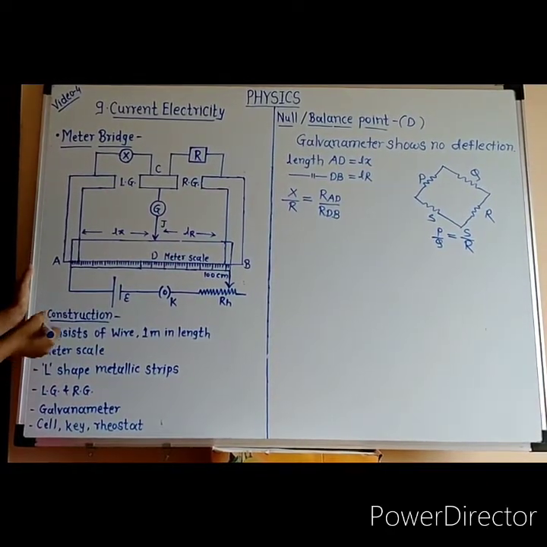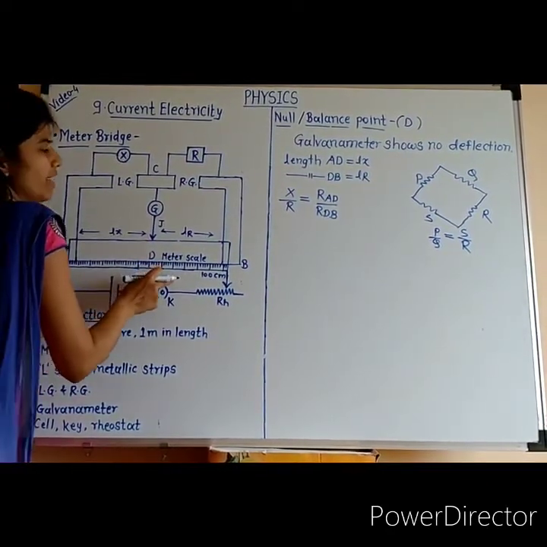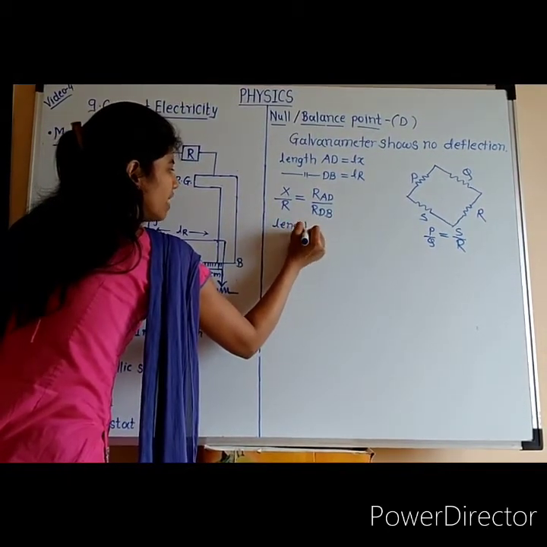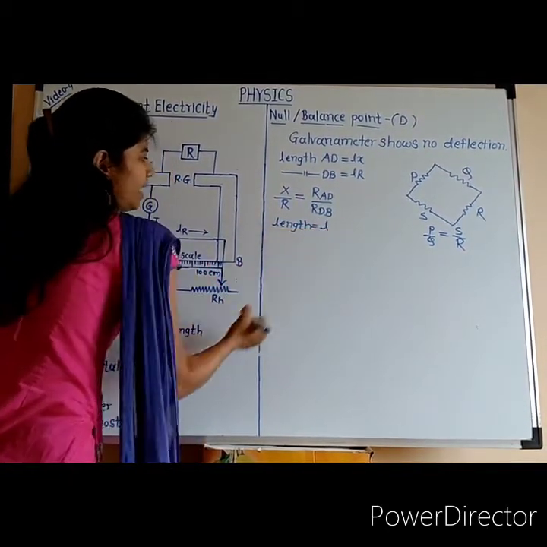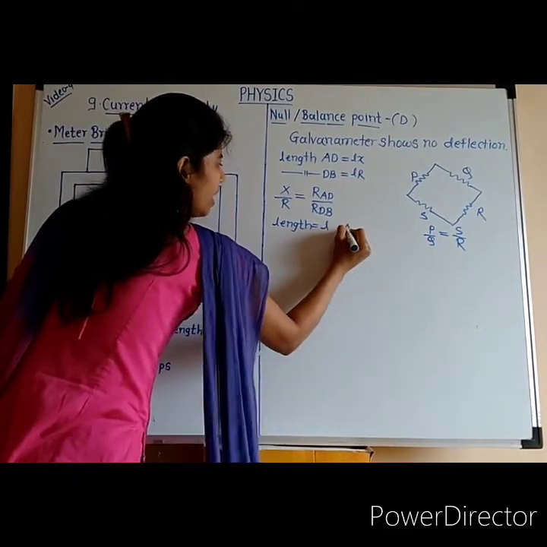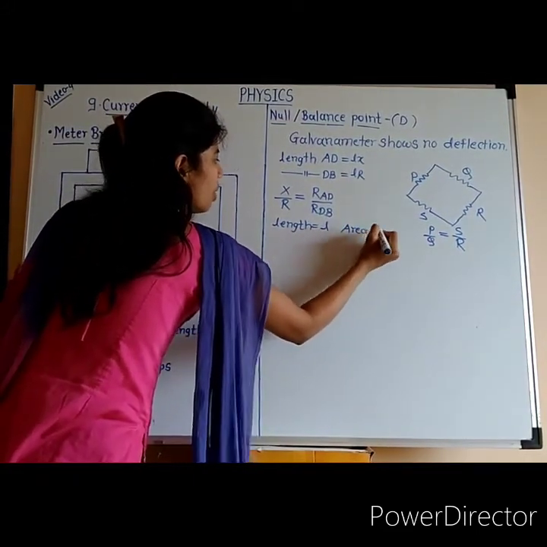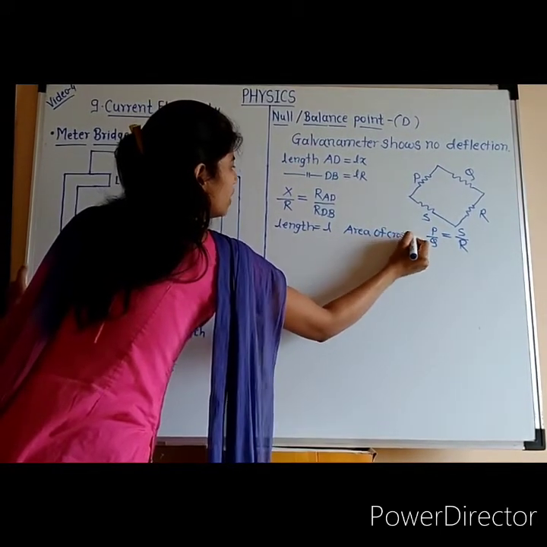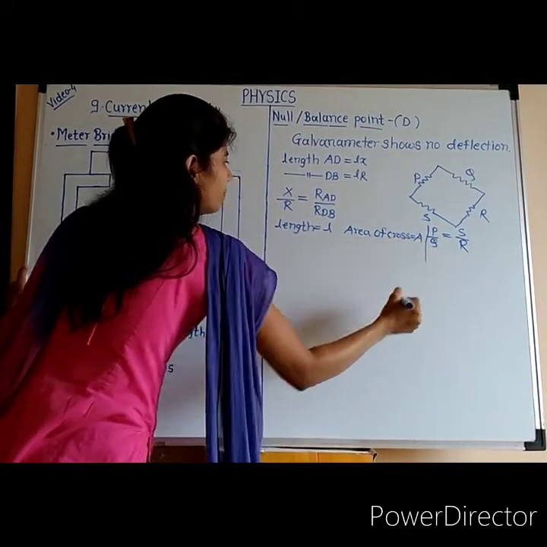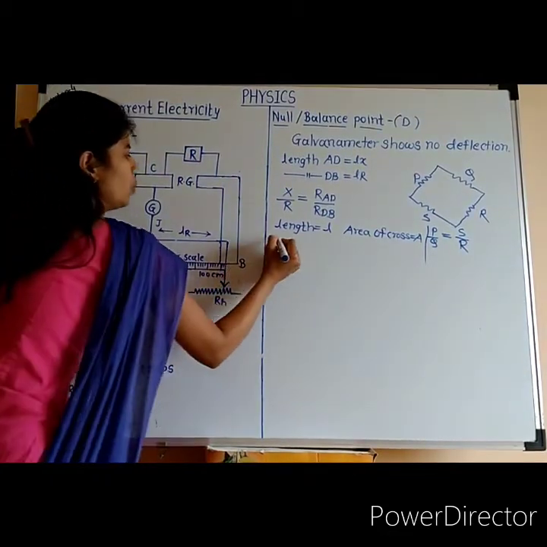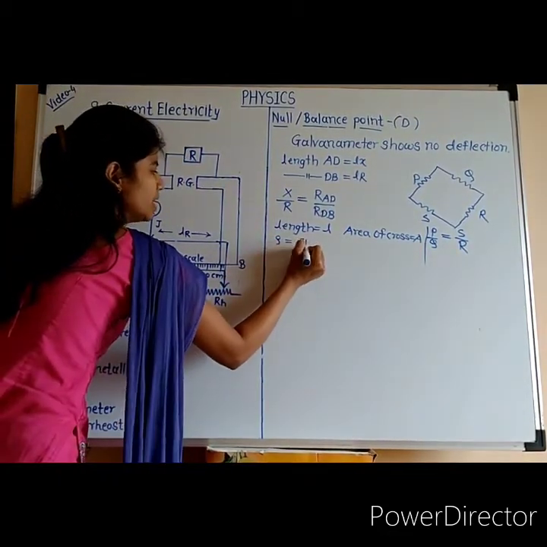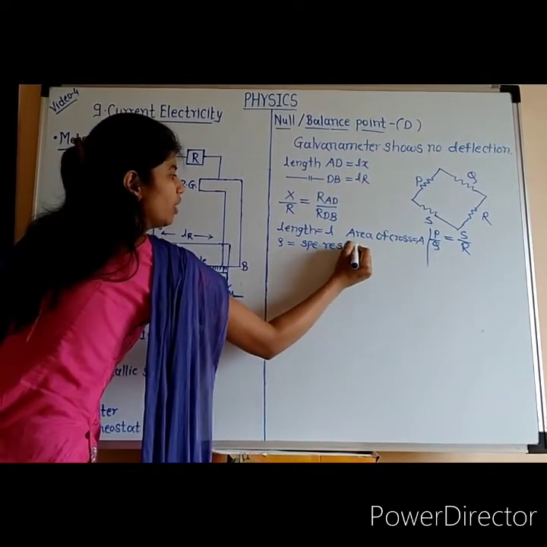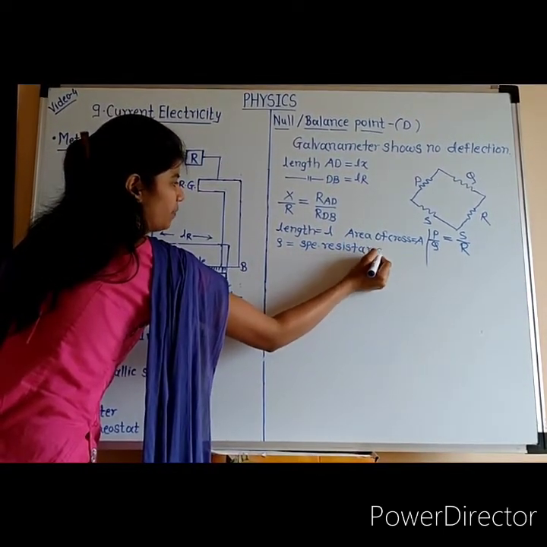Now consider the length of the wire is L, the area of cross section is A, and rho is the specific resistance or the resistivity of the material.